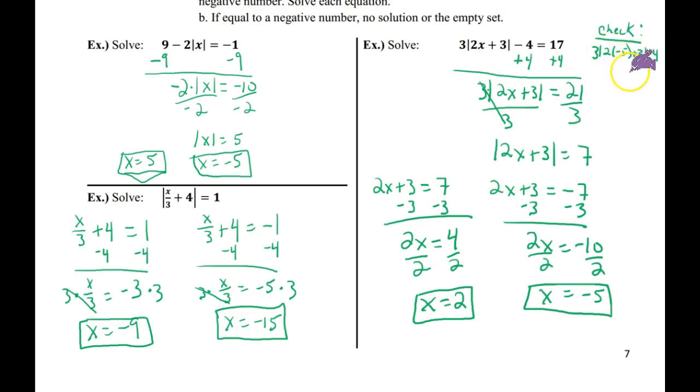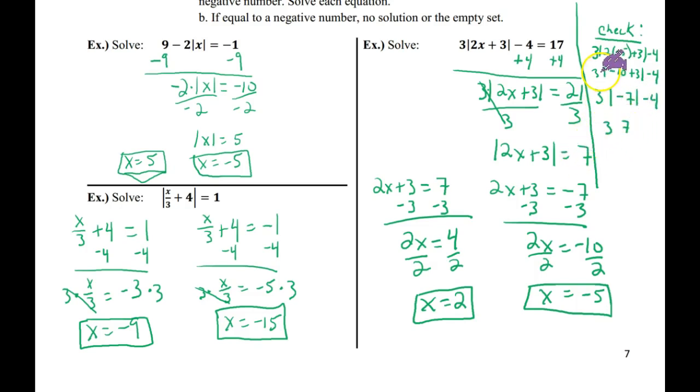Inside the absolute value, we do the multiplication first. So 2 times a negative 5 would be negative 10. And add. So negative 10 plus 3 is negative 7. And then the absolute value of negative 7 would be positive 7.